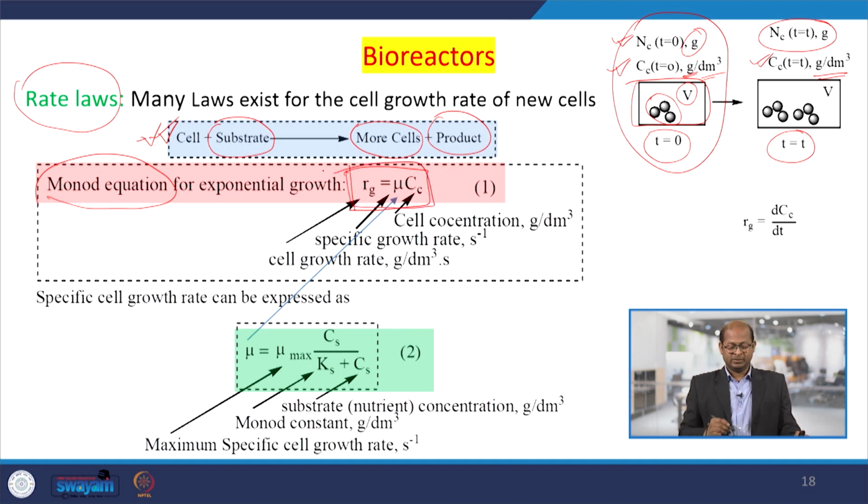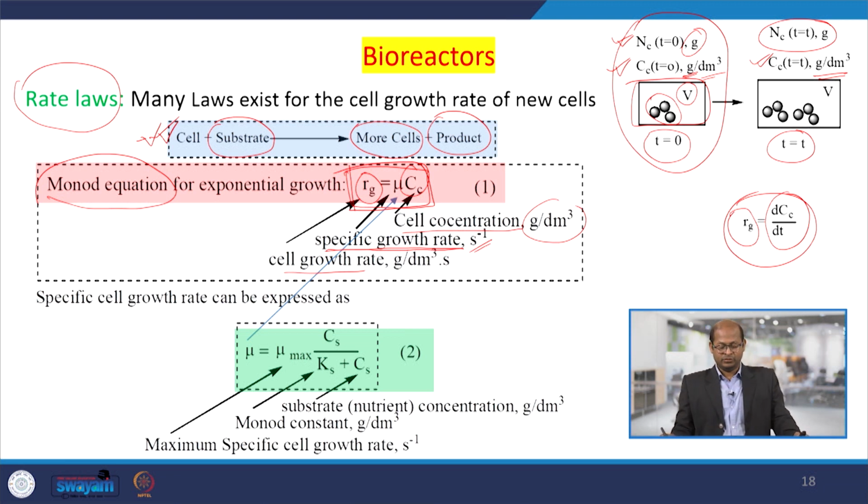So, Rg is the cell growth rate and mu is the specific growth rate constant, you can say, and Cc is the cell concentration. Cell concentration is expressed in terms of gram cell per dm³ of reactor volume, and the specific cell growth rate has units of second inverse or time inverse, and Rg is the growth rate, which you can see here has units of concentration, grams per dm³ per unit time. So, Rg is the Monod equation for exponential cell growth. Okay. Rg equals mu into Cc. So, this way you can express it.